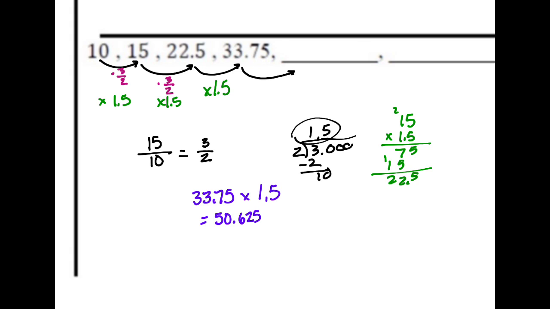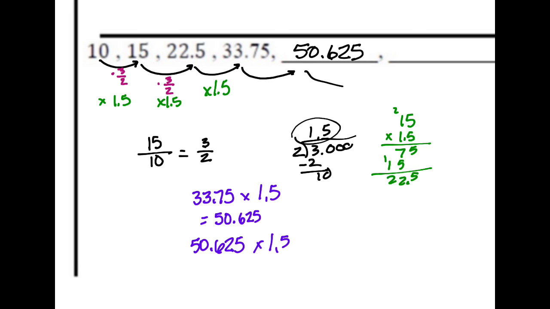So that's our next number up top. And then you're going to take the 50.625 and times it by 1.5, right?